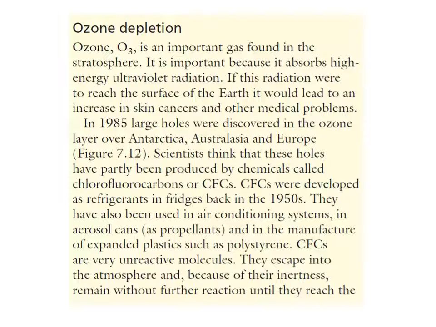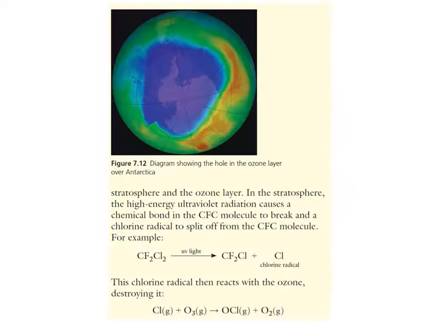They escape into the atmosphere and, because of their inertness, remain without further reaction until they reach the stratosphere and the ozone layer. In the stratosphere, the high energy ultraviolet radiation causes a chemical bond in the CFC molecules to break.